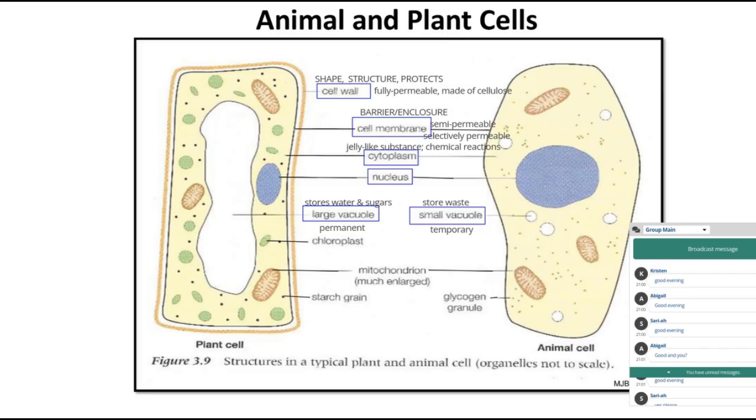So let's come down to the chloroplast. So the famous chloroplast, only present in the plant cell. Okay, so the chloroplast will contain chlorophyll. So that's what makes plants green. Chlorophyll is the green pigment found in the plants. So that's stored in the chloroplast, and that's going to give the plant its color.